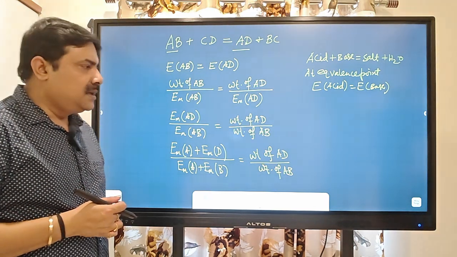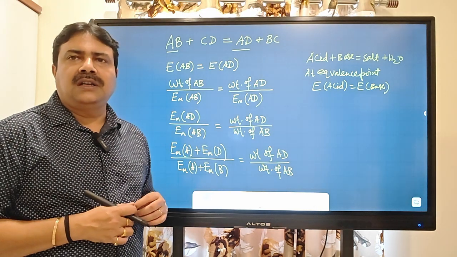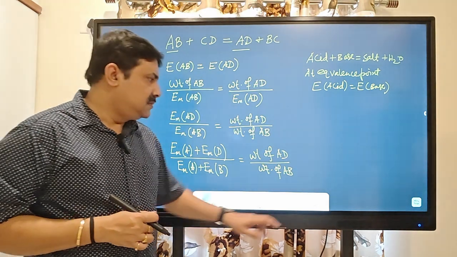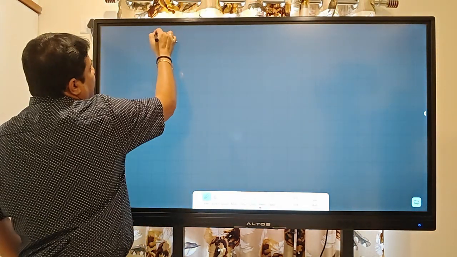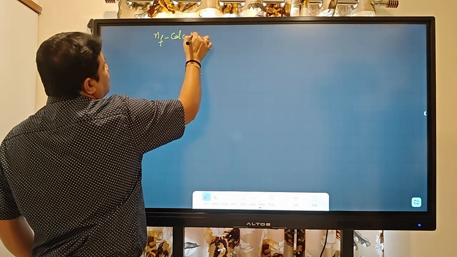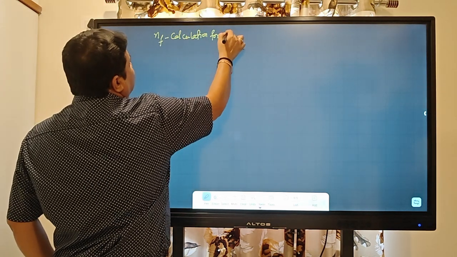Now you look at how to calculate the n factor for different types of acid, base and salt. Suppose you look at n factor calculations for acid.